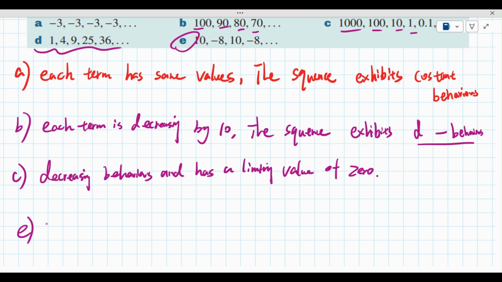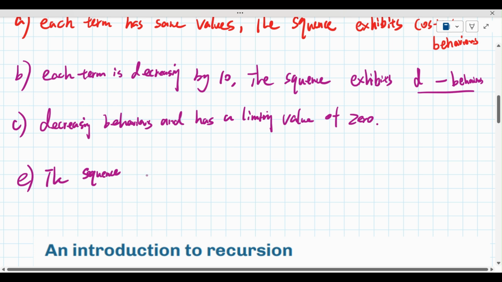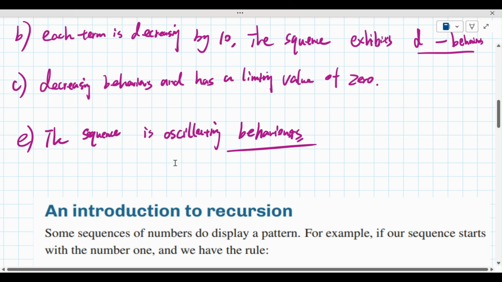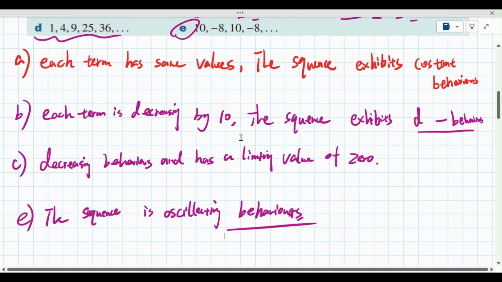The sequence exhibits oscillating behavior. I will do the rest in class, so I'm not gonna finish all of them. That's all the differences in between. Hopefully that makes sense for you guys, and I will talk about it in class as well.